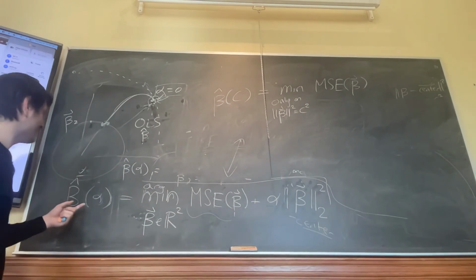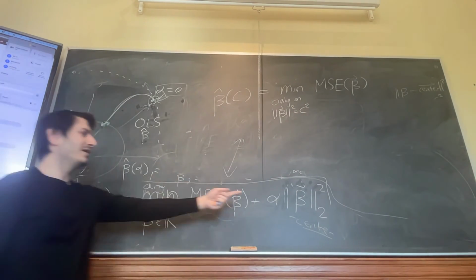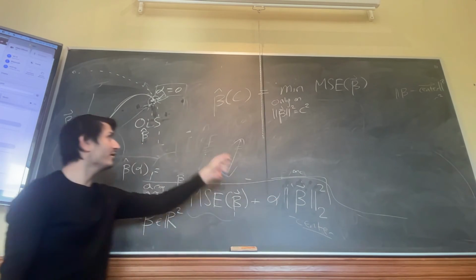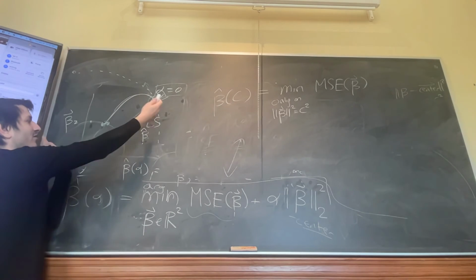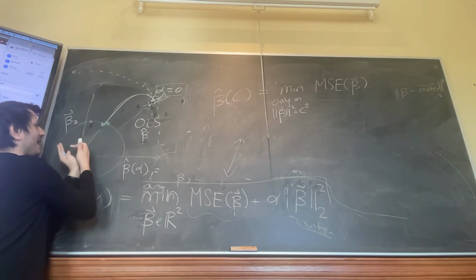And what we've discovered is that the curve beta hat of alpha, in alpha space, as you change this parameter, starting here and ending here, is exactly the same curve as beta hat of c. Start at the radius that you originally started at and end at 0.